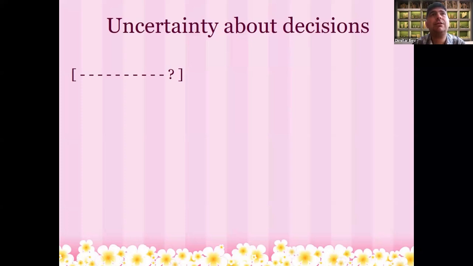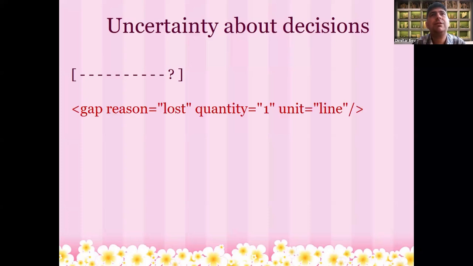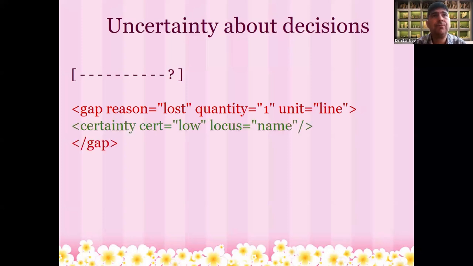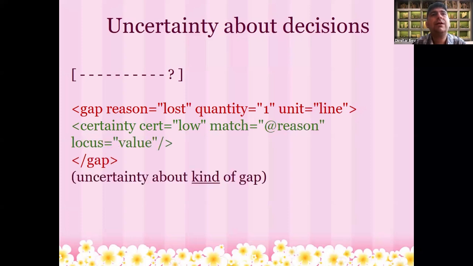Let us go quickly about this. So you have 1 line missing, probably, but we're not sure. We have certainty low, and we have locus and reason. I'm not sure if we can use this actually in our current template.